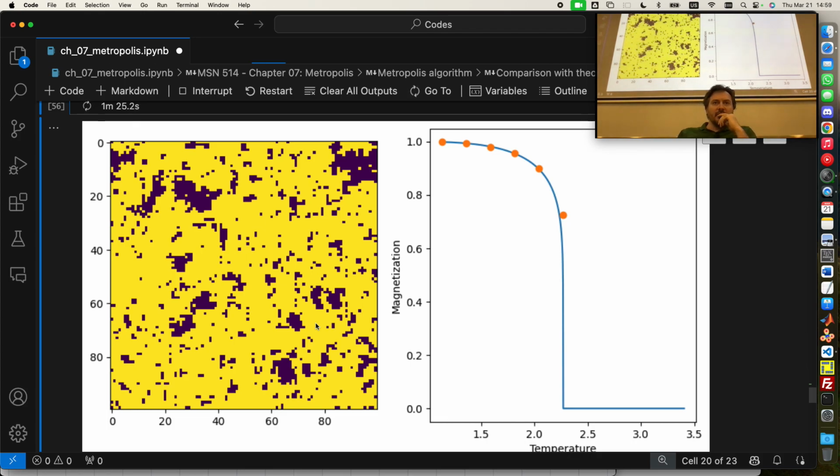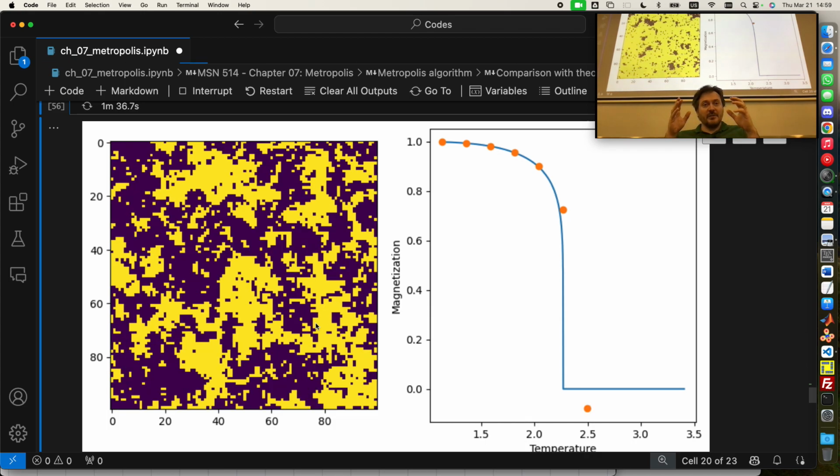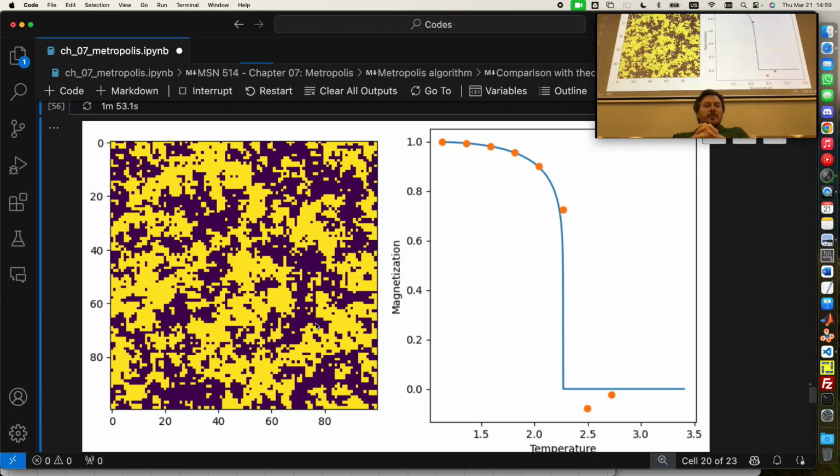So can someone tell me in a nutshell what the Metropolis algorithm is doing? What is its advantage? Instead of doing 2 to the power of 10,000 calculations, which we can't do ever, the Metropolis algorithm lets us focus on what is important.